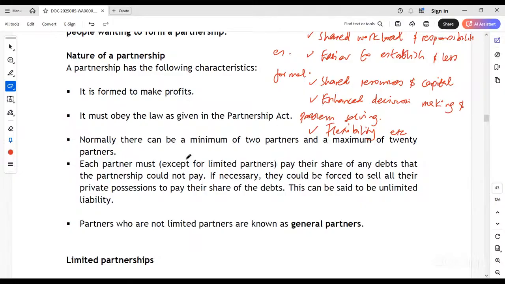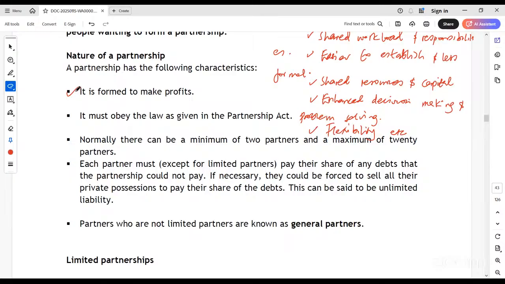First of all, a partnership is formed to make profits. A partnership must obey the law as given in the Partnership Act.